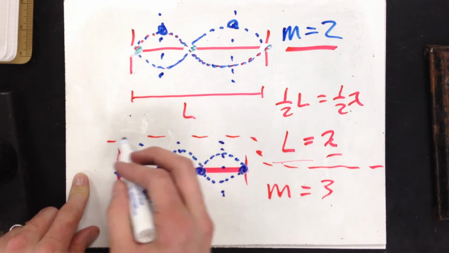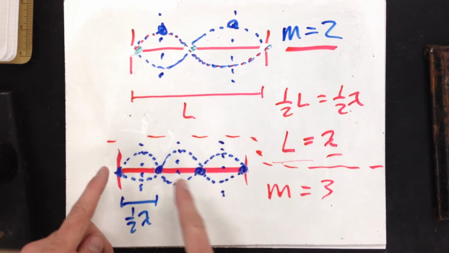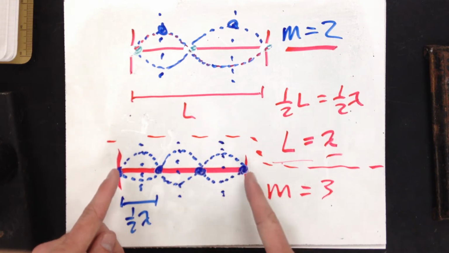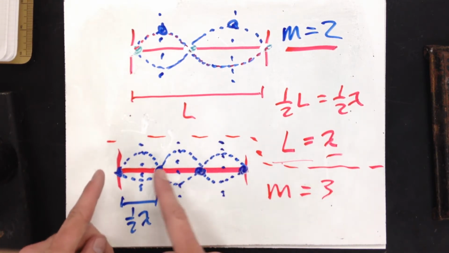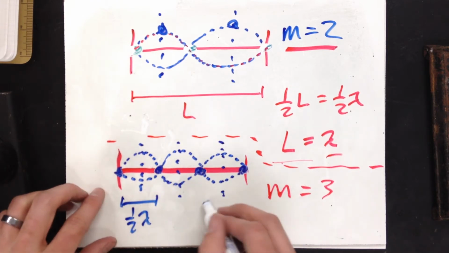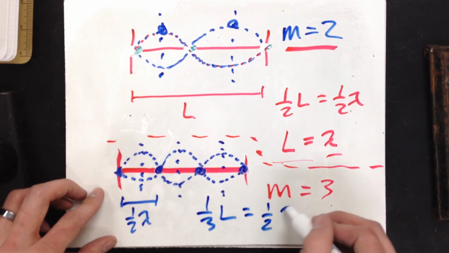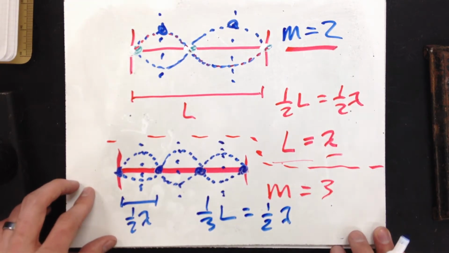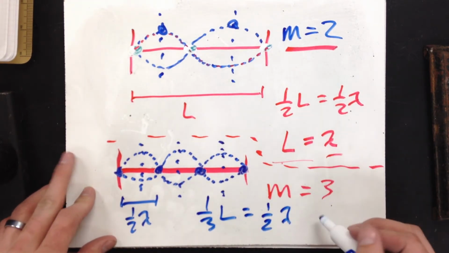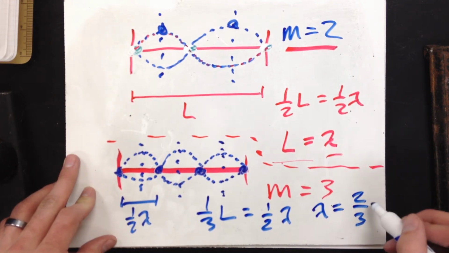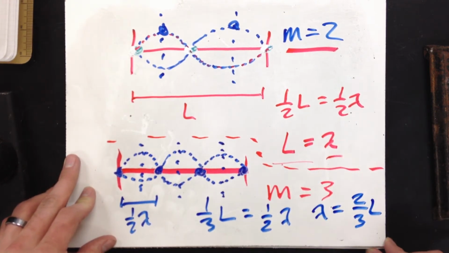Now, if this total thing has a length L, then this is 1/3 L, 2/3 L, and then 3/3 L, or just L. So this little distance is 1/3 L, but it's also 1/2 the wavelength. So solving for wavelength here, I get lambda equal to 2/3 L.